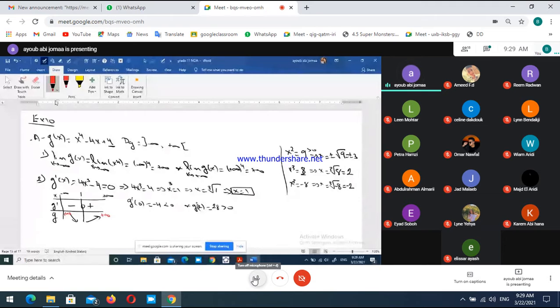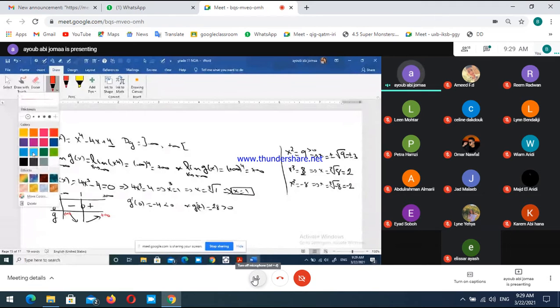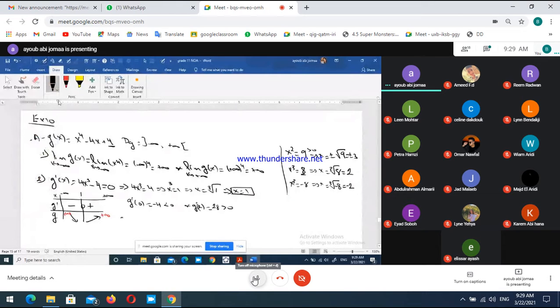What is the minimum? The G of 1. Replace x by 1: 1 to the power 4, minus 4 times 1, plus 4, gives 1. So the minimum is 1. The minimum point has coordinates (1, 1). Right.